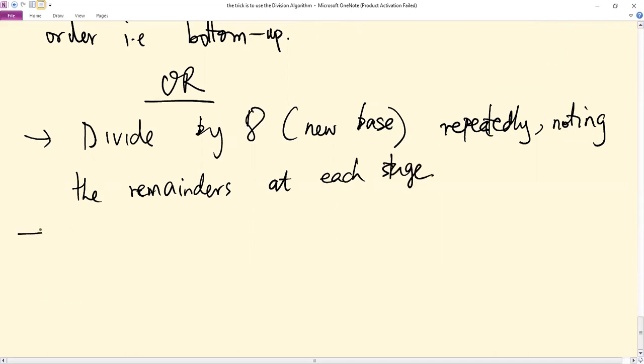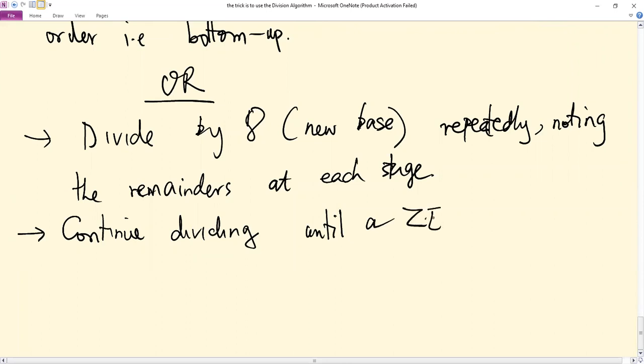And then the next step, continue dividing until a 0 quotient is obtained.